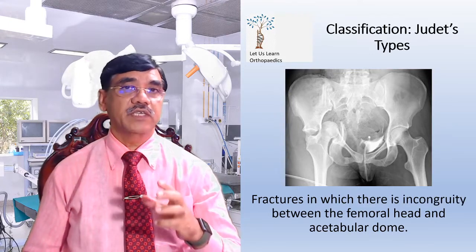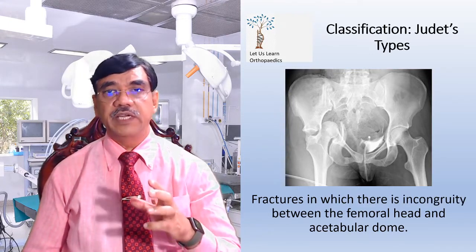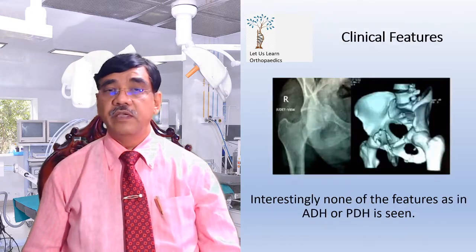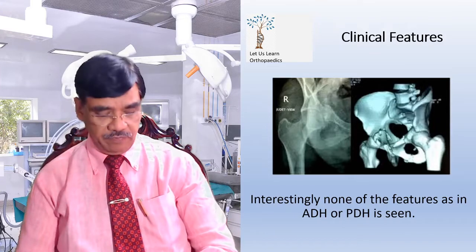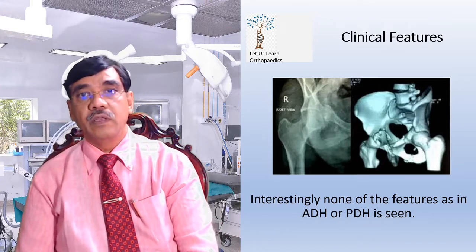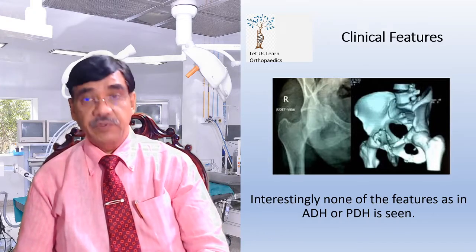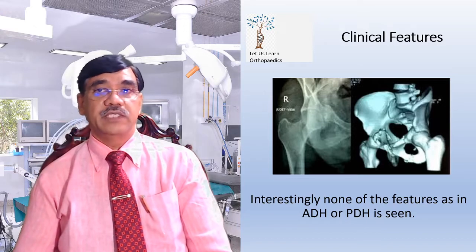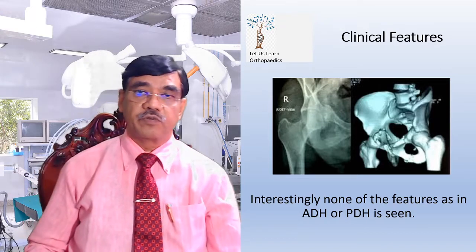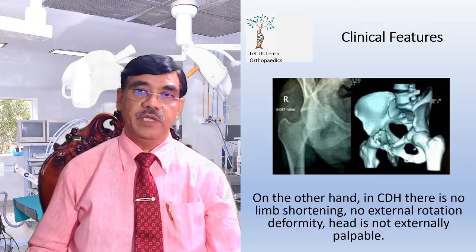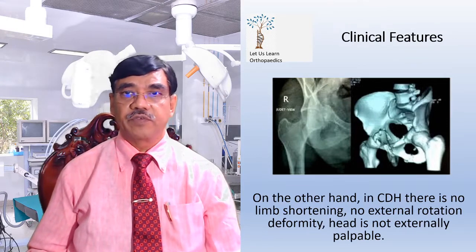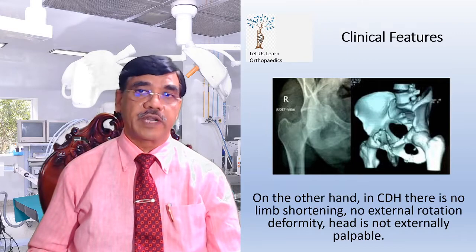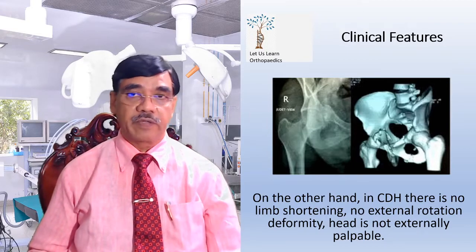Fractures in which there is a congruity between the femoral head and the acetabular dome. Interestingly, when it comes to the clinical features, there is no such feature as seen in the anterior dislocation or posterior dislocation of the hip. In central dislocation of the hip, there is no limb shortening or very minimal limb shortening.